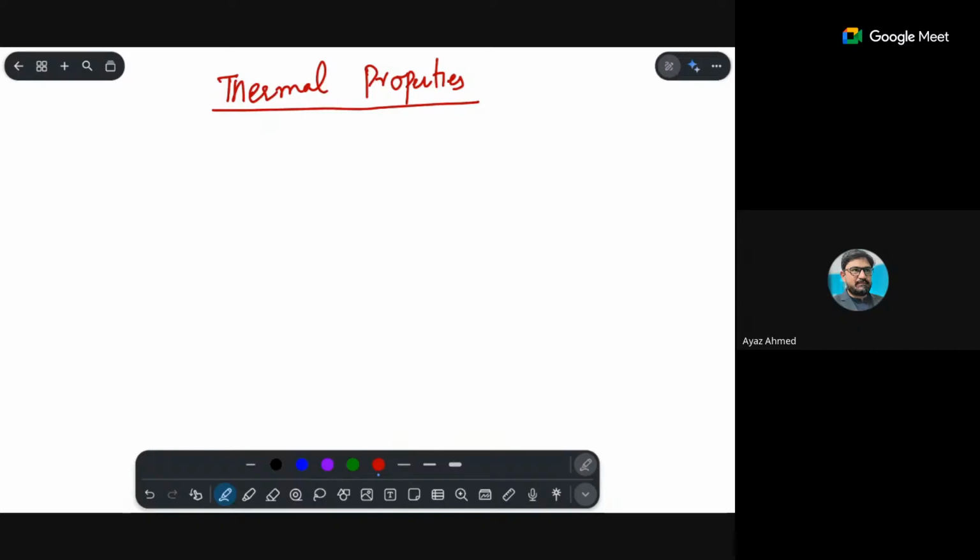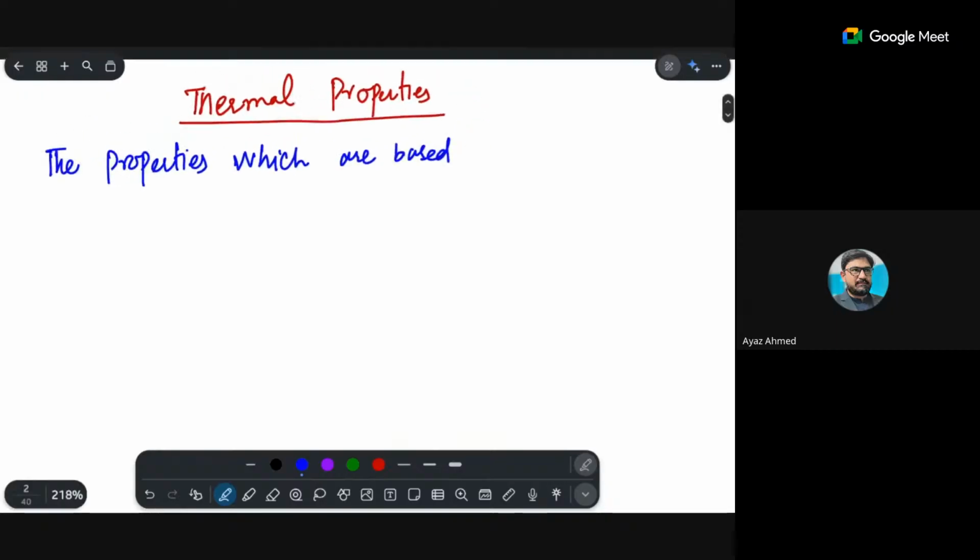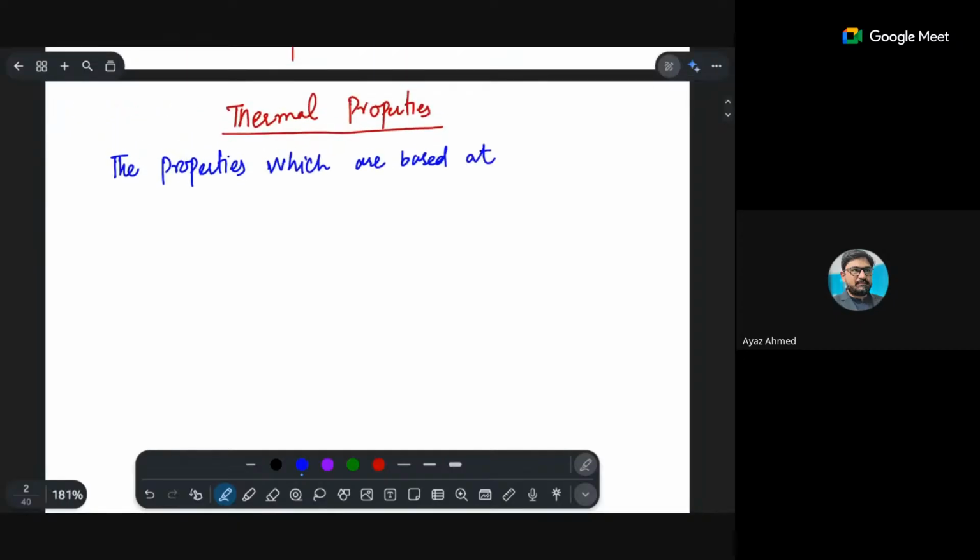Tell me about thermal properties. Okay, the properties which are based on temperature and heat. Okay, temperature and heat.